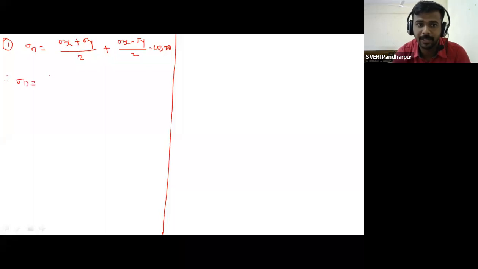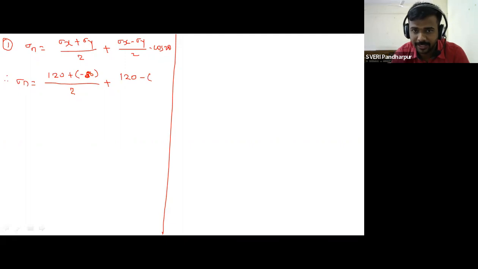So sigma x is equal to 120, plus sigma y in bracket minus 80, divided by 2, plus 120 minus, minus sign as it is again in bracket, minus 80, divided by 2 multiplied by cos 2 into 30, or cos 60 directly we can write.